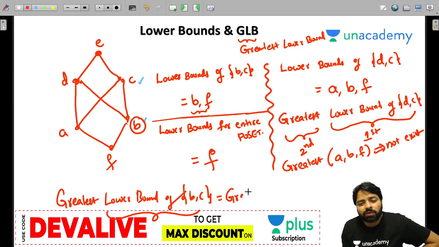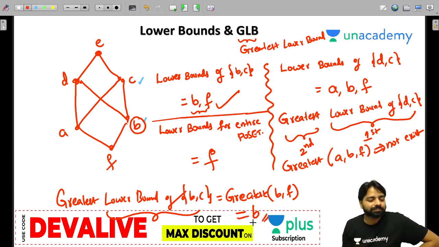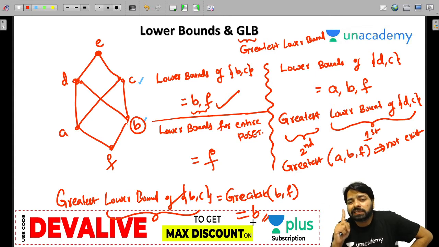First you find lower bound. You already did that. B comma F. I'm just writing greatest of B comma F. But among this B comma F, B is the greatest. Clear? Sometimes GLB exists, sometimes not. But only one will be there, GLB. More than one will not be there. Lower bounds can be many, but GLB will be either 0 or 1.